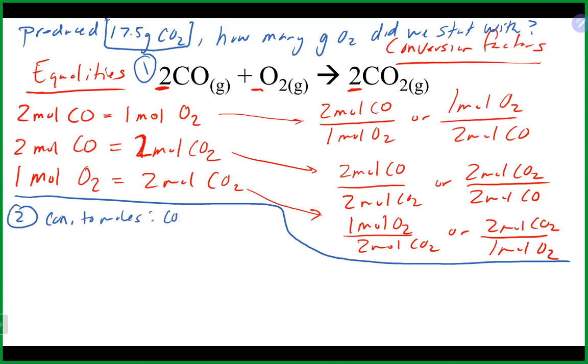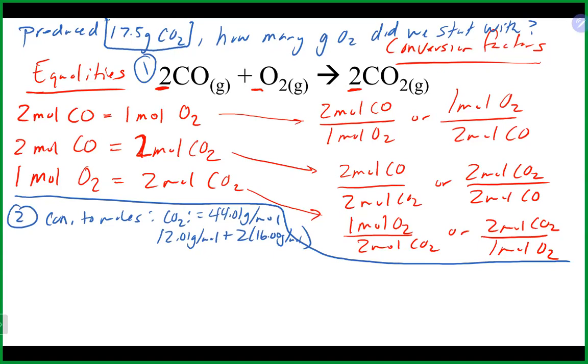The molar mass of CO2 comes from the periodic table. That's going to be 12.01 grams per mole for the carbon, plus 2 times 16 grams per mole for the oxygen, giving us 44.01 grams per mole as our molar mass for CO2.